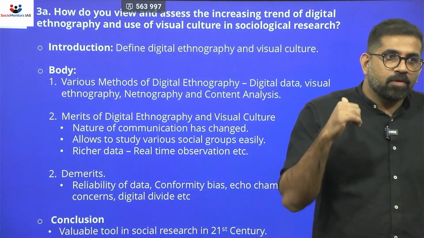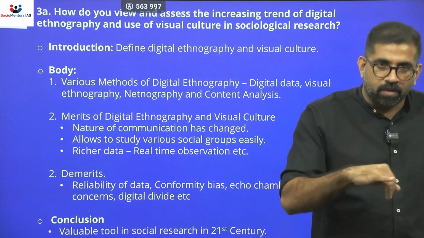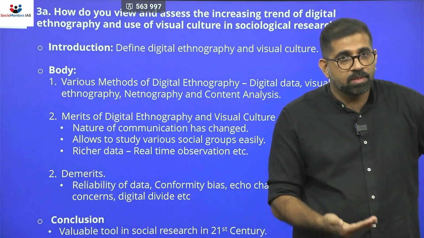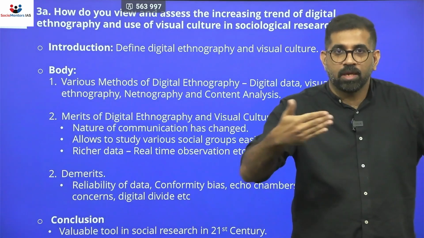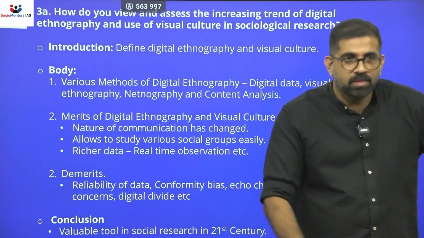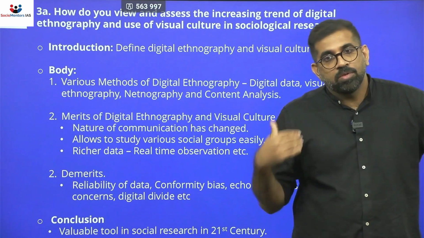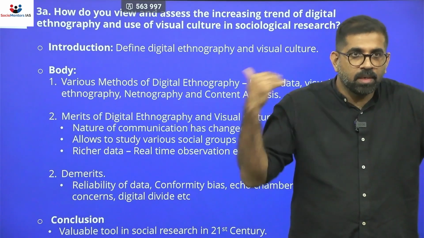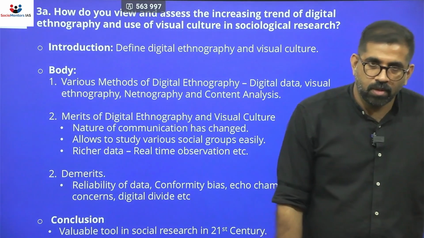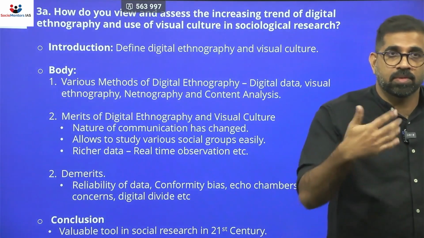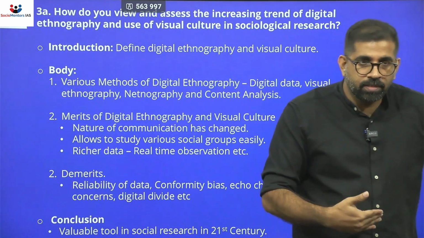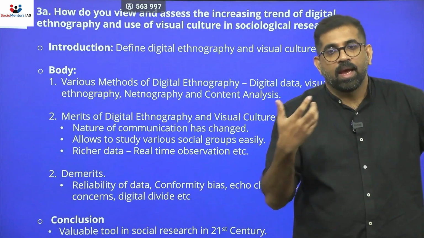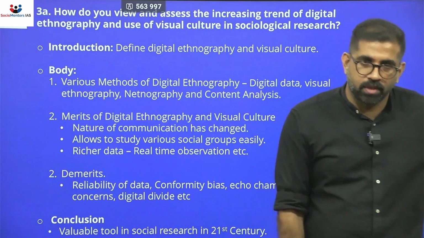And when it comes to the online space, there are different forums for the LGBTQ community. Those forums can be used by researchers to collect data related to their behavior, the interactions that take place between them. They can also make use of the visual culture, especially the posts in social media depicting the LGBTQ community. Through that, they can understand the meaning that society attaches to it, and the meaning that the LGBTQ community attaches to themselves. Likewise, they can understand and learn about different communities.